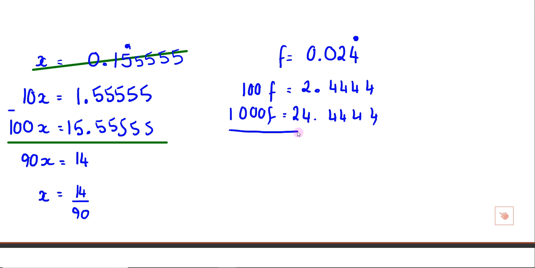I then subtract: 900f equals 22. So 1f equals 22 over 900, which is simplifiable.